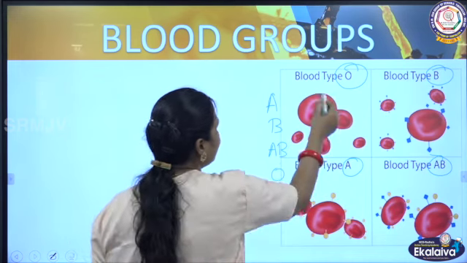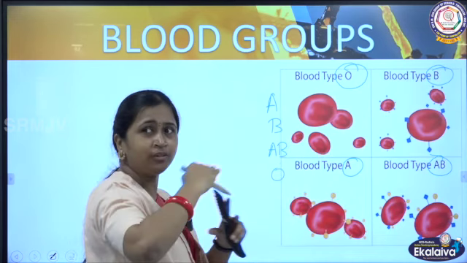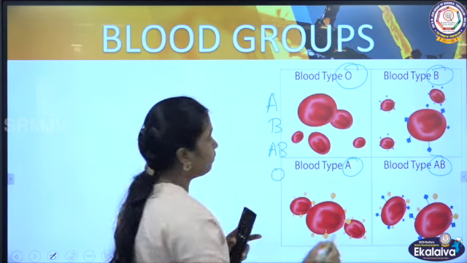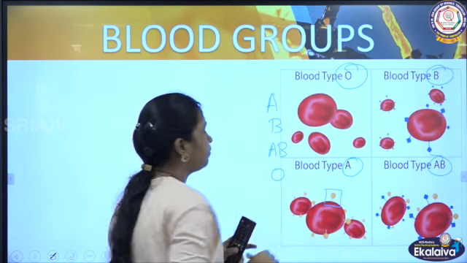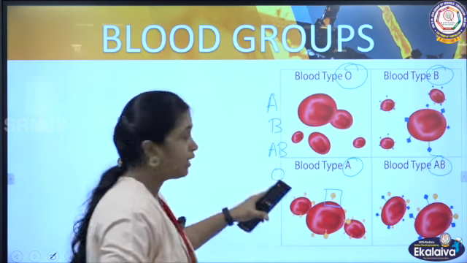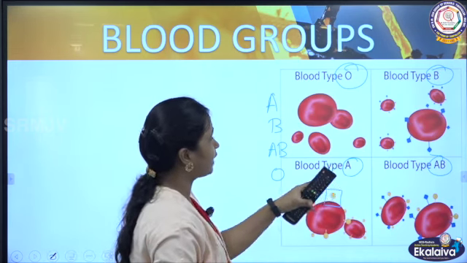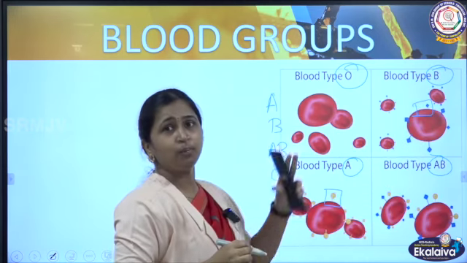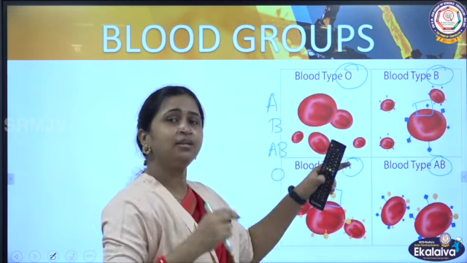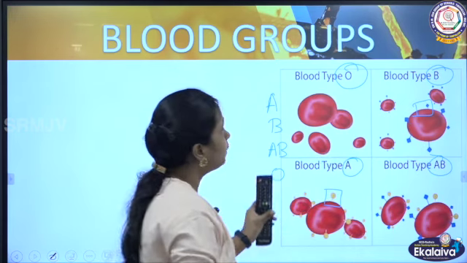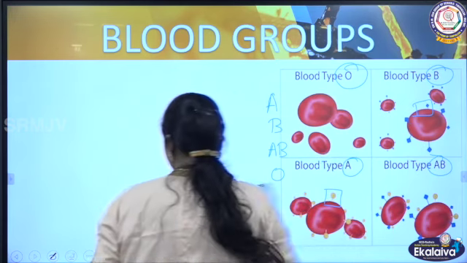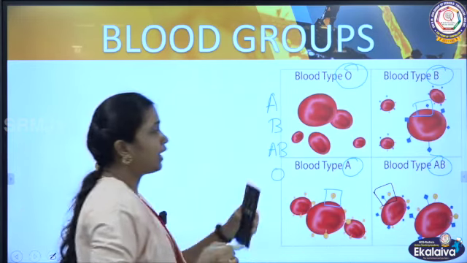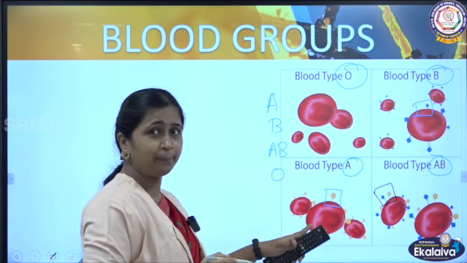I told you already, on the surface of the blood cell, there will be an antigen. First, let us take A blood group. The A blood group will have an antigen A, and that is why it is specified as blood type A. Then if you take B, you can see in different color, blue color, it's another antigen that we are giving the name as B. When both the antigens are present, you can see there 2 antigens are present here, and that is why the blood group is AB.